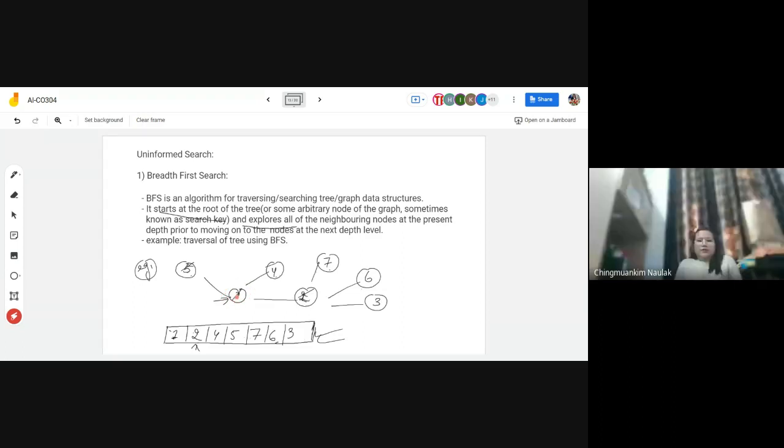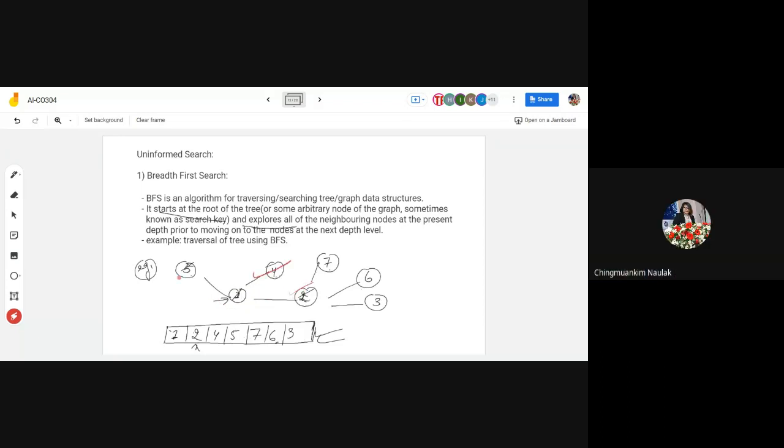According to BFS theory, you first explore the current node and note down all its neighboring nodes. The neighboring nodes are 2, 4, and 5. So 1 is the node you're exploring, the adjacent nodes are 2, 4, and 5, and you write it here in the queue.